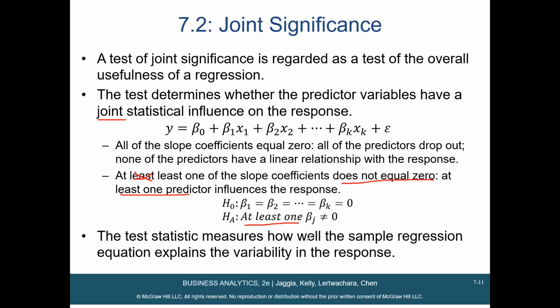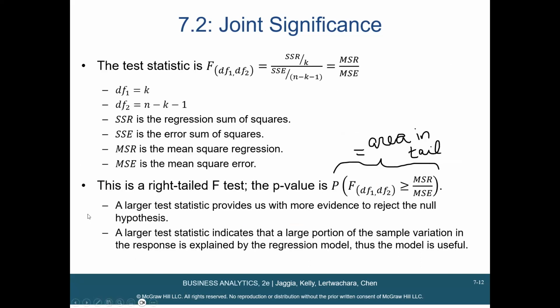Okay, and the test statistic measures how well the sample regression equation explains the variability in the response. The way we do this is we create a test statistic. So now you guys know all about test statistics. Here's a new one you haven't seen before.